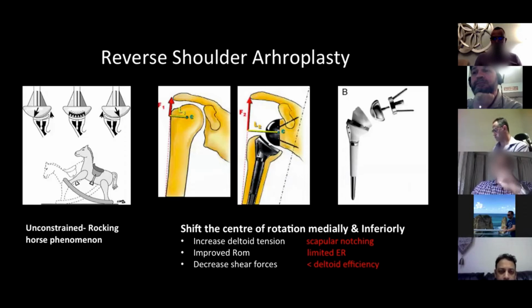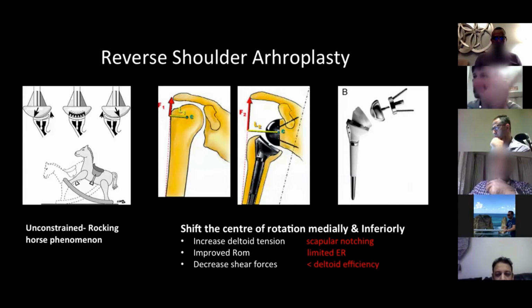Despite these clinical improvements, several mechanical problems were observed with this design. High incidence of scapular notching was observed due to the inferior impingement of the humeral cup on the scapular neck. The device is associated with limited external rotation, often requiring muscle transfers for inferiorizing the center of rotation.